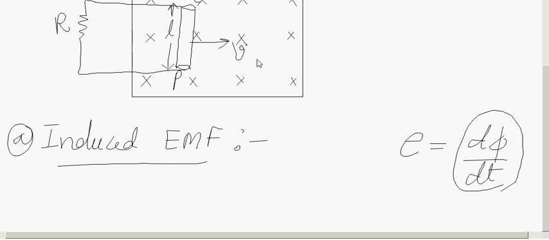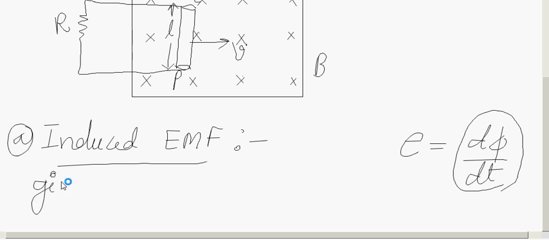As the conductor is moved, the flux linking the coil changes. Now in this case B is uniform, the magnetic field is uniform. How does the change in flux take place? The change in flux is taking place due to change in the area swept by the loop.